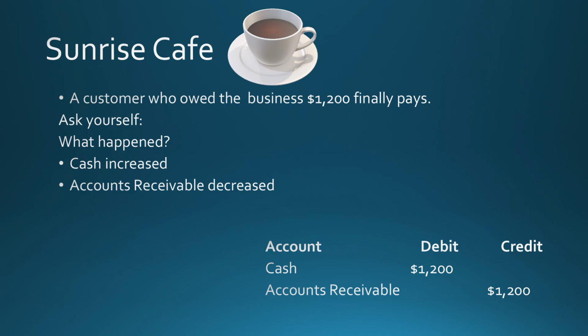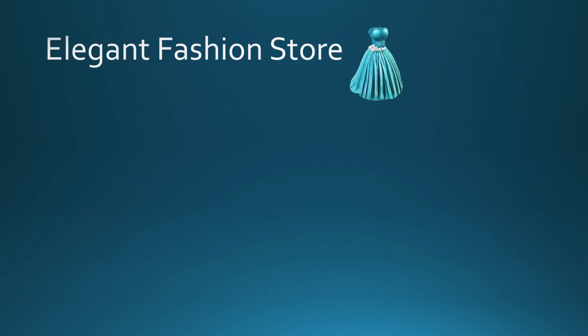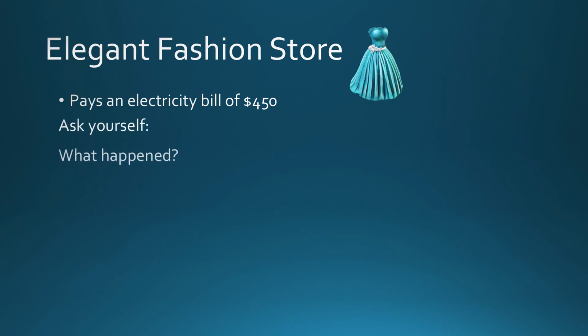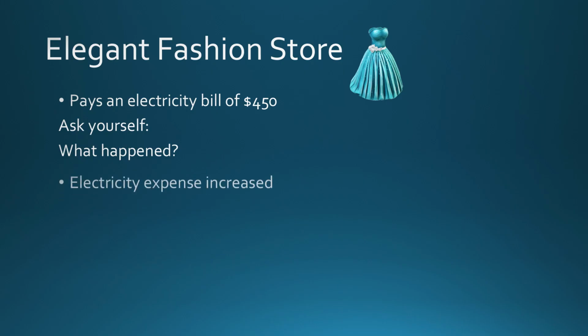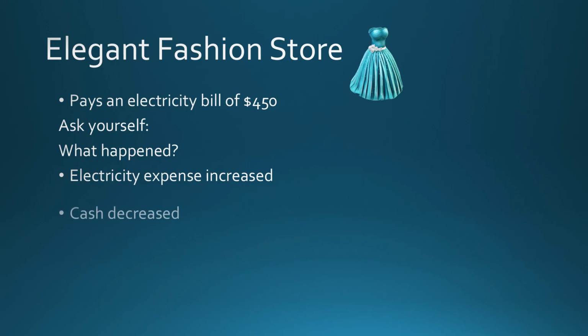Our final example for today, Elegant Fashion Store. Elegant Fashion Store pays an electricity bill of $450. Ask yourself, what happened? Which accounts are involved? Which account is to be debited or credited? Electricity expense increased, and cash decreased.